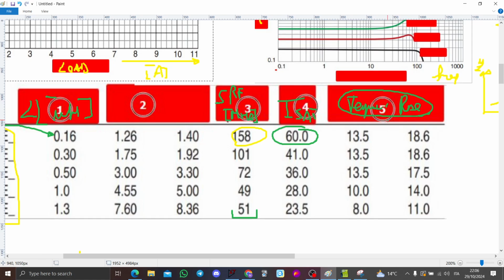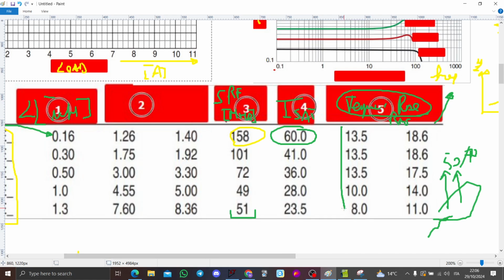The IRMS, the effective value of your current, how does it change when the temperature rises? This is also important for power inductors, because when they are active and the current is flowing through them, they will heat up even 50 degrees, 70 degrees, even higher. So this table here tells you how it changes with temperature.